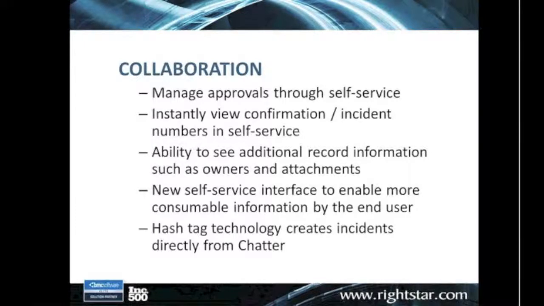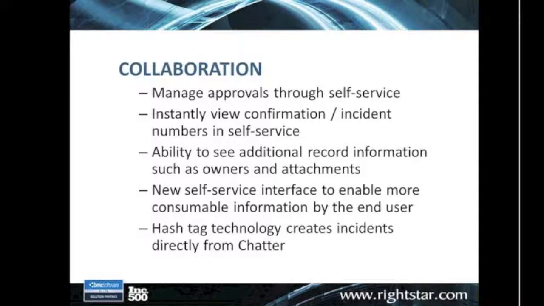We can do that through the self-service interface now, so that's the new functionality, as well as we can approve records through Chatter, and then obviously as a staff member you can approve records. So really we're giving you multiple avenues to stay in contact, stay up to date with what's going on within the organization, and keep the service delivery moving.